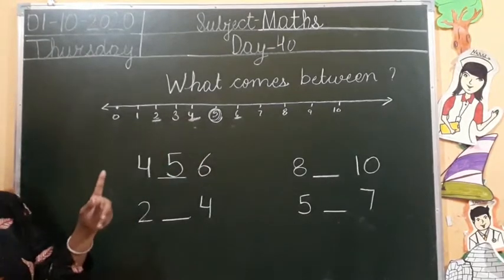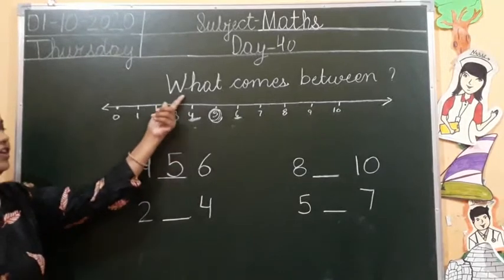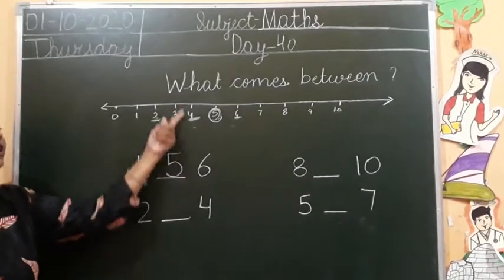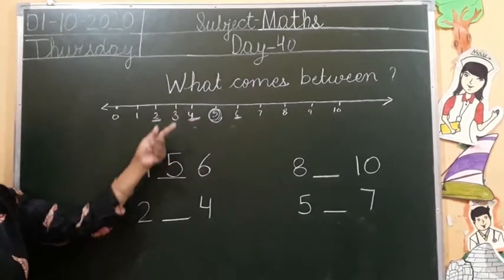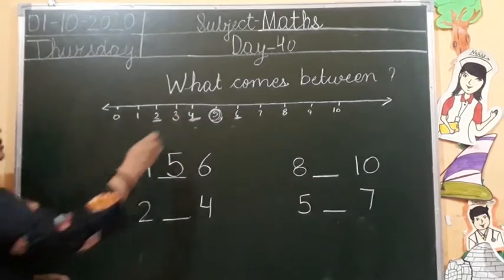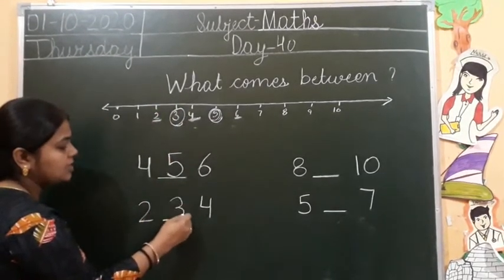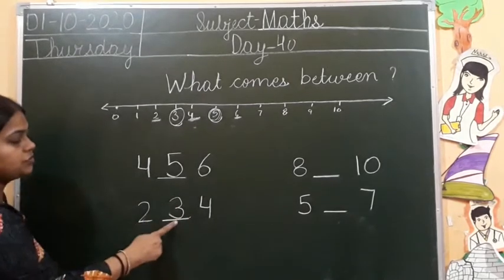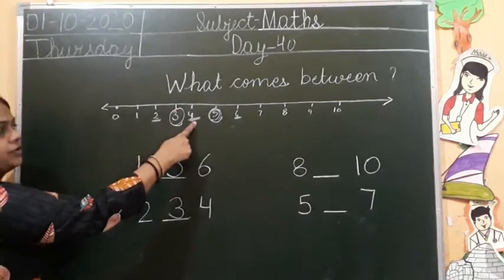Between means बीच में कौन सा नंबर आता है? This is 2, this is 4 and 3 comes between 2 and 4. So I am going to write number 3. 2, 3, 4.